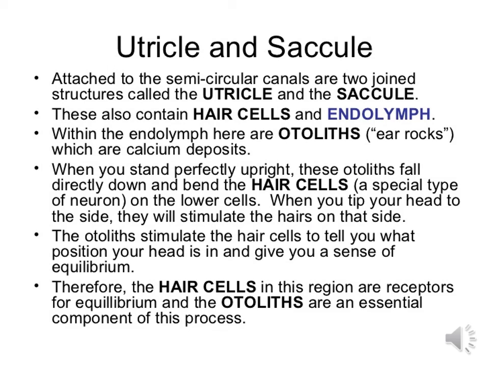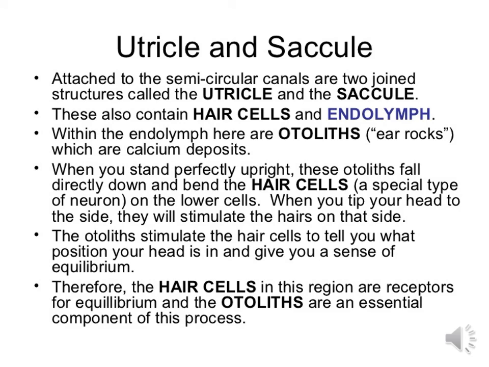The last part is the utricle and saccule. Attached to the semicircular canals are two joint structures called the utricle and the saccule. These also contain hair cells and endolymph. Within the endolymph are the otoliths, hair rocks, which are calcium deposits. When you stand perfectly upright, the otoliths fall directly downward onto the hair cells, a special type of neuron.